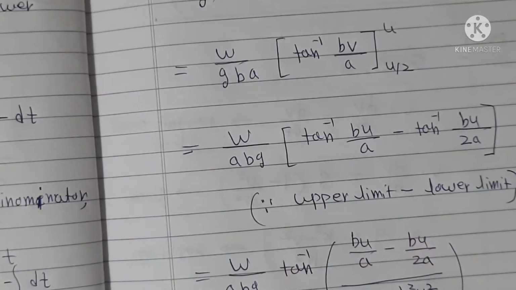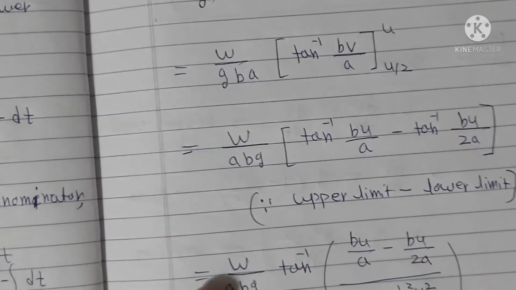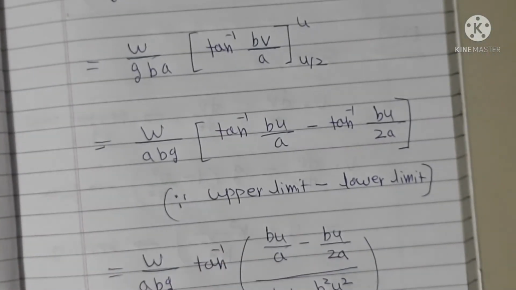Therefore W upon abg tan inverse of bu upon a minus tan inverse of bu upon twice a. We put the upper limit minus the lower limit.